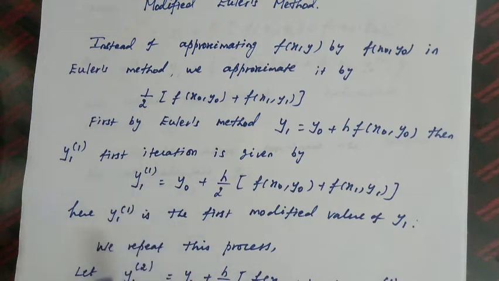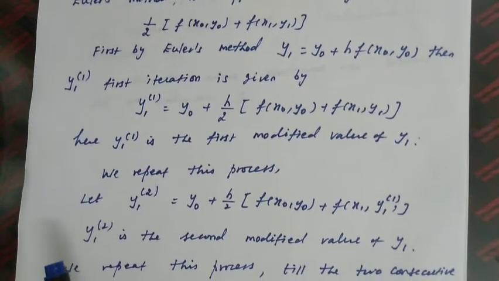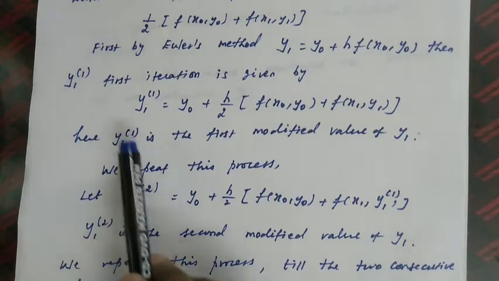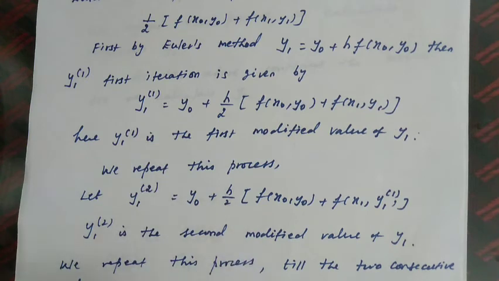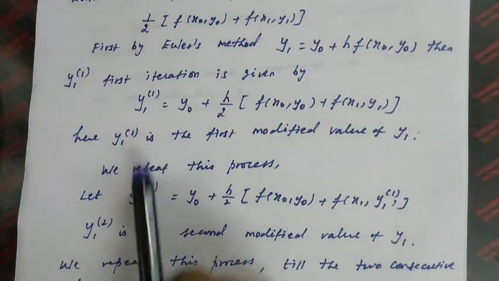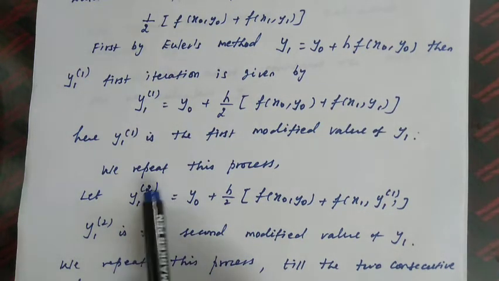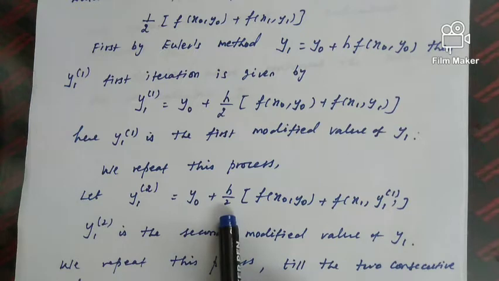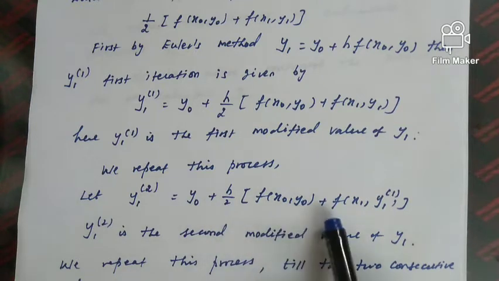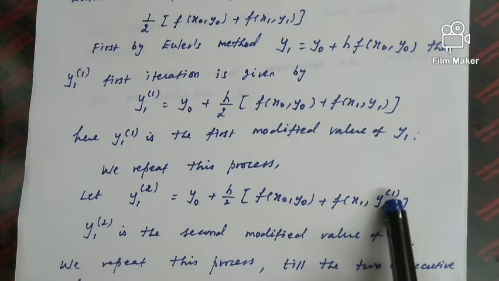The next iteration repeats the process to get a more accurate value. How do we stop the iteration? Until we get two consecutive values that are the same, we continue the iteration. So the second iteration, y1 of 2, is y0 plus h by 2 into f of x naught y naught plus f of x1 y1 of 1.